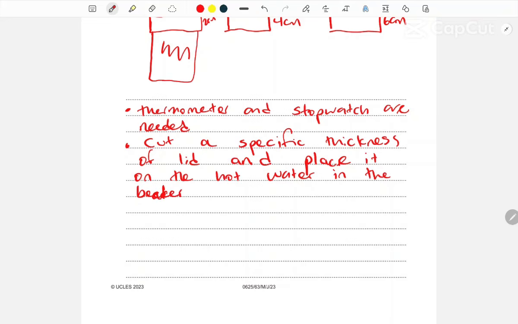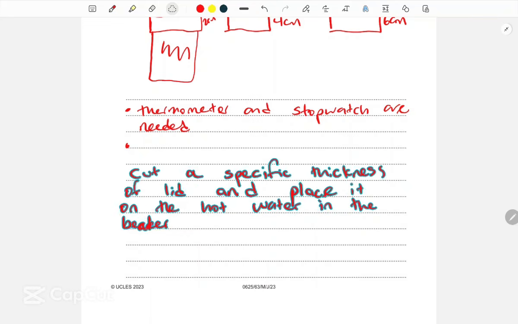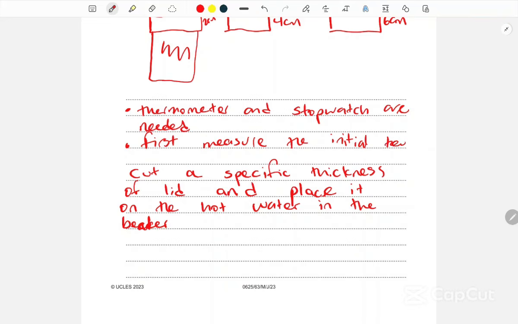But before this, we have to measure the initial temperature. So this should be put first. So we have to measure the initial temperature first. So first, measure the initial temperature of the hot water.